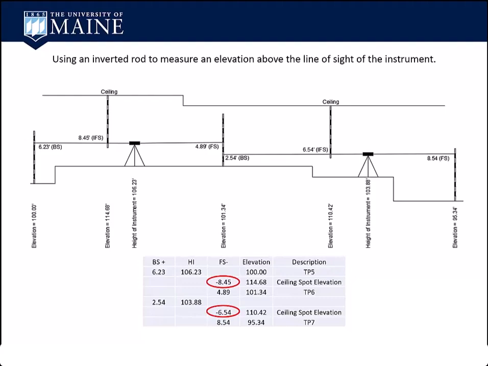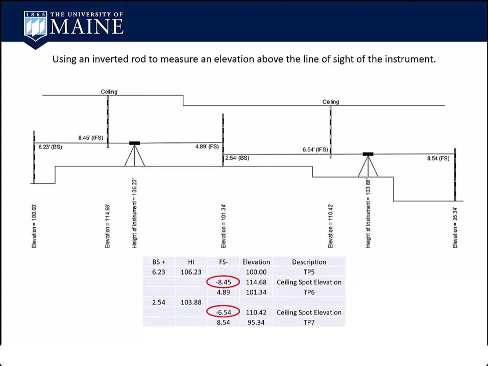So you can see from the first setup on the left in this image, they shot a backsight of 6.23 and determined the height of instrument, 106.23. And they shot the ceiling as a negative 8.45 and have 114.68 for the elevation of the ceiling.